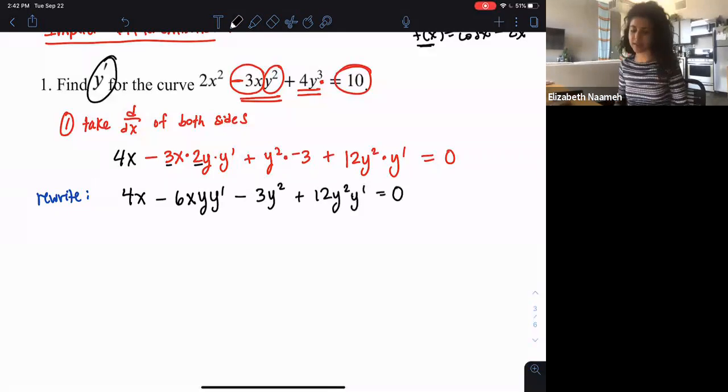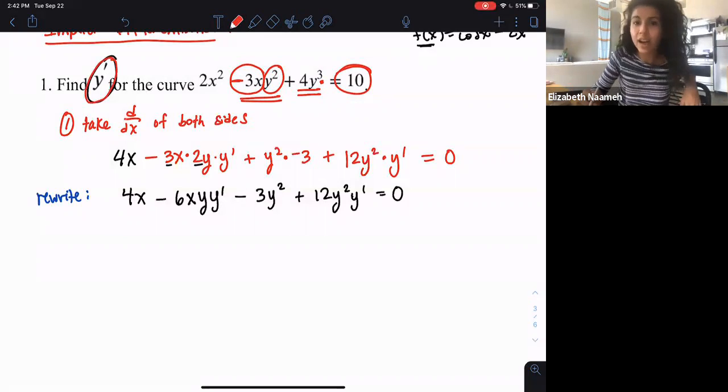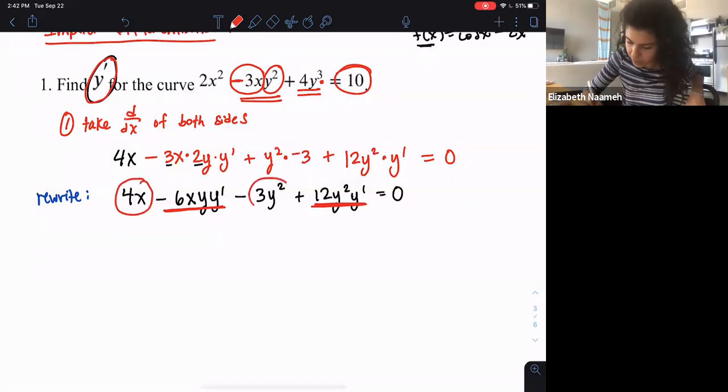Okay, so I got a negative 6x y prime minus 3y squared equals 0. Cool. Let's think about what the question wants. It wants me to find y prime. So let's underline every term where we see y prime. There's a y prime here in this term. There's a y prime here in this term. There's no y prime in the circled expression.